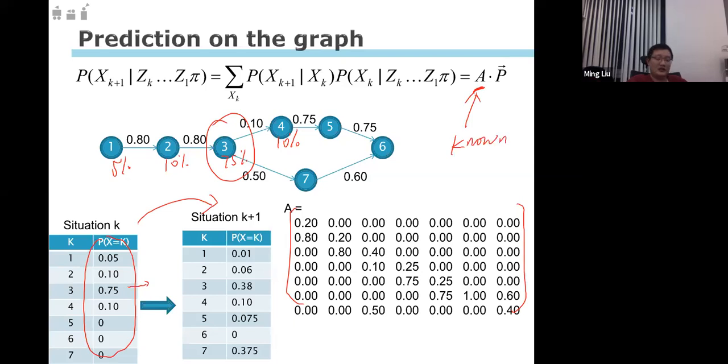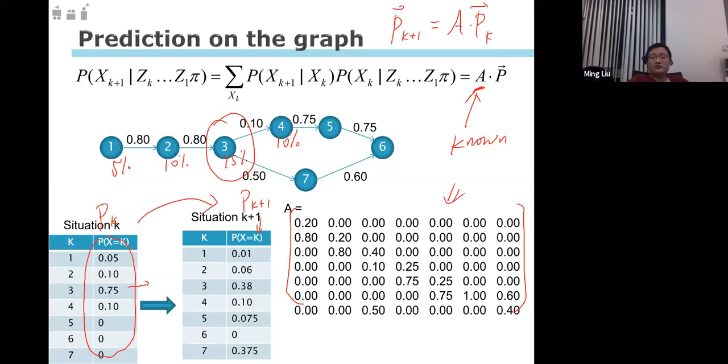This is known, and just look like this one. So what you can do, you can directly multiply A with this P, right? If this is the PK, this is the PK plus 1. How can you compute the PK plus 1 from PK? It is simply PK plus 1, this vector is A times P of K, right?